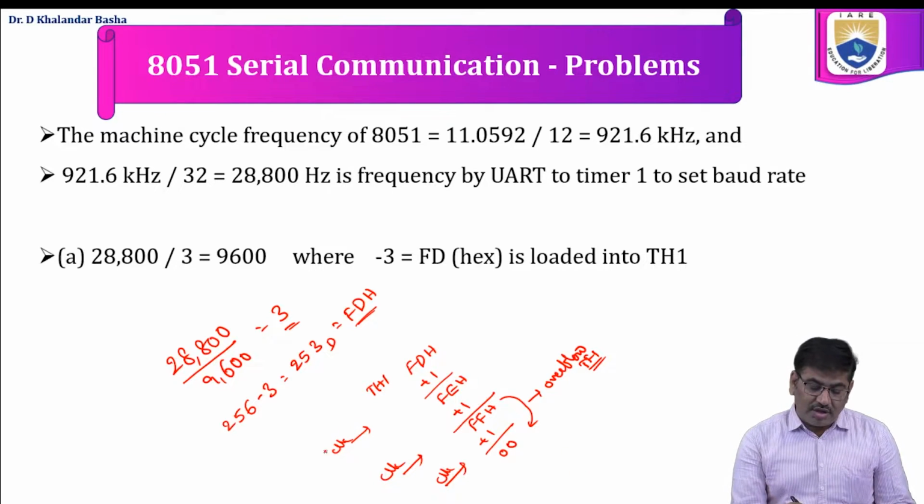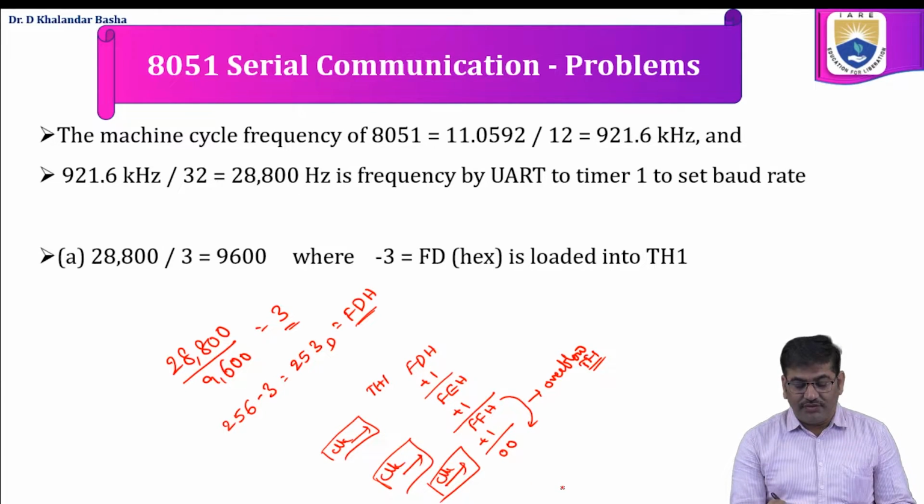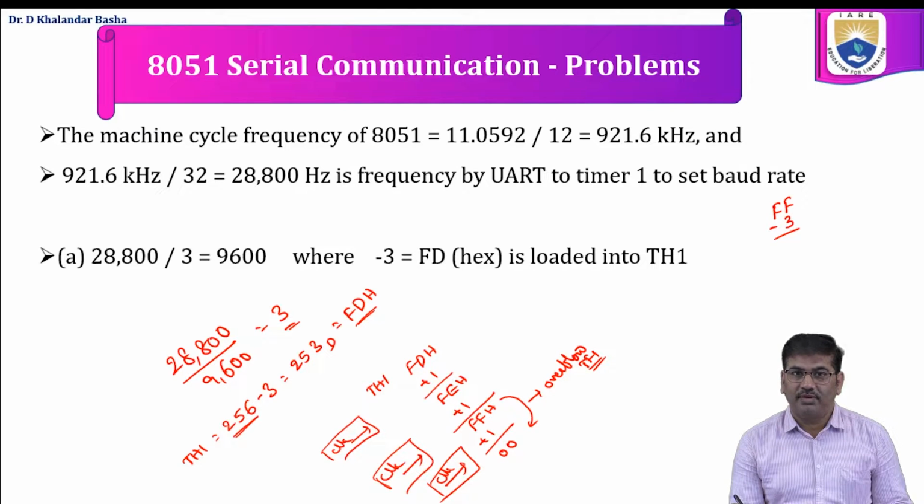Now if you observe, how many clock pulses are we requiring here? 3 clock pulses. So for that we load TH1 with the maximum value, where the total number of counts is 256 minus 3. So 253 is generated in decimal, which if you convert into hexadecimal is FDH. The other way is we can subtract from the maximum value, that is FF minus 3.